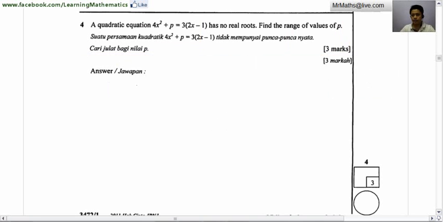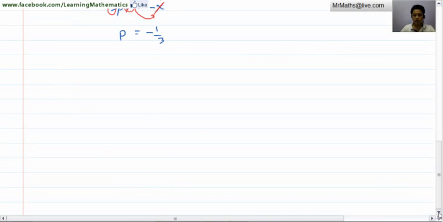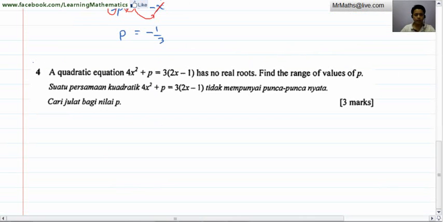Okay, move it here. Okay, let's do this. 4x squared plus p is equal to 3 times 2x minus 1.